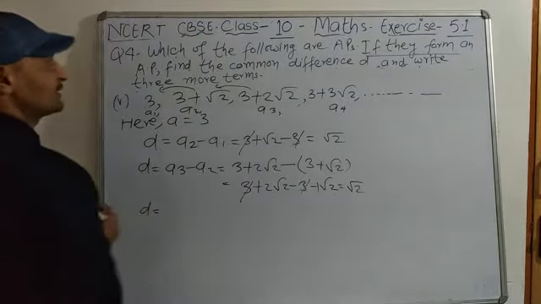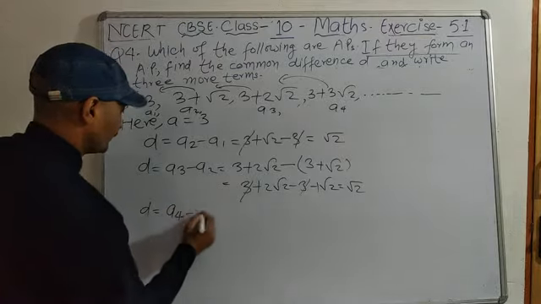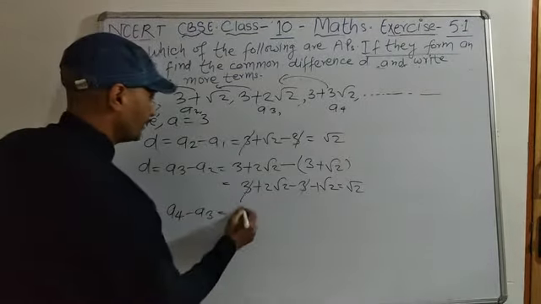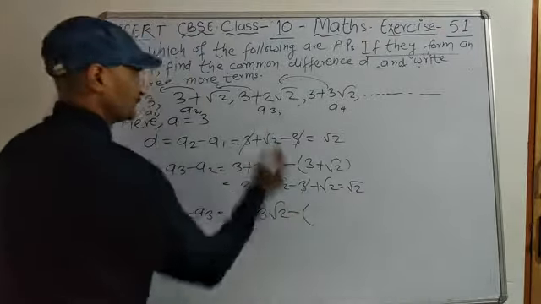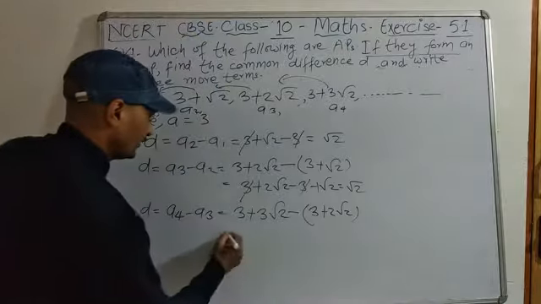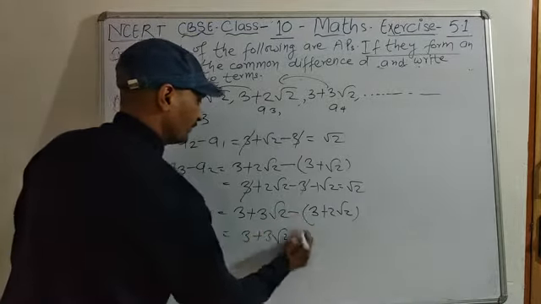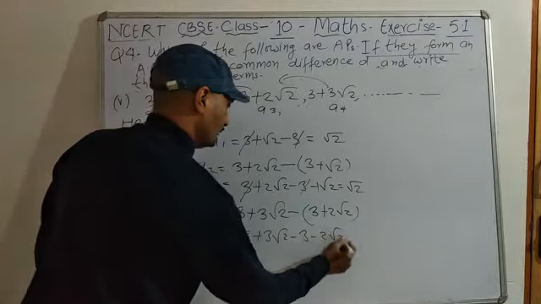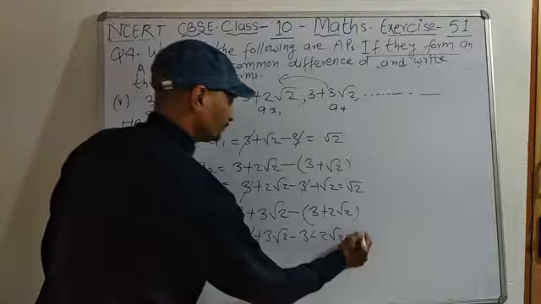Now next common difference is A4 minus A3. A4 is 3 plus 3 root 2 minus this A3 is 3 plus 2 root 2, then 3 plus 3 root 2 minus 3 minus into plus minus 2 root 2, again 3 cancel, 3 root 2 minus 2 root 2.